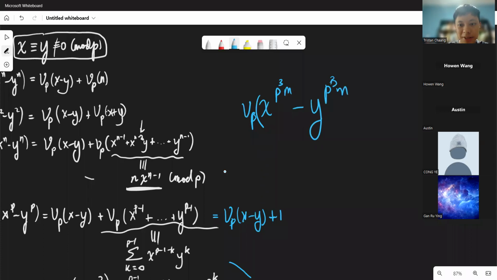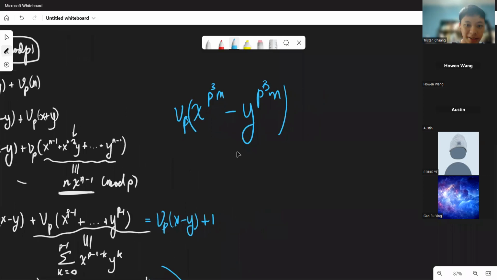So how do these two cases reach this case? The answer is, we first can look at the case where x is replaced with x to the p cubed, and y is replaced with y to the p cubed.